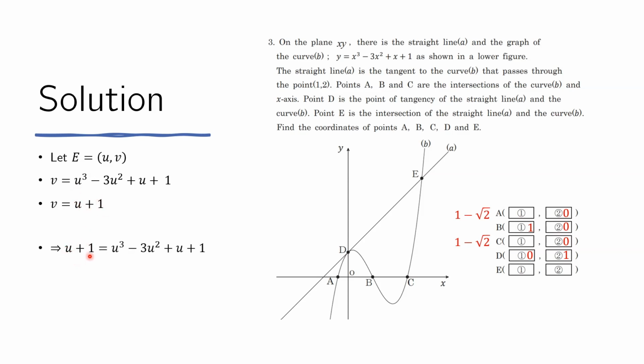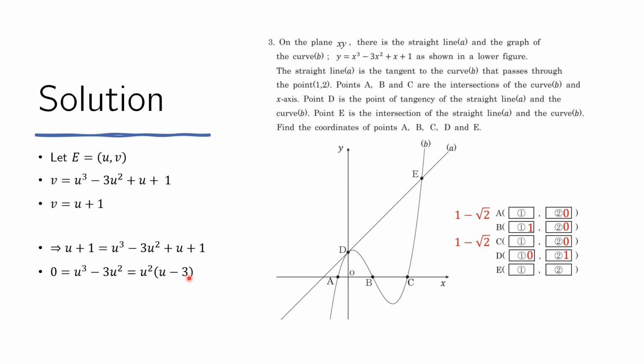So it becomes like this. u plus 1 equals whatever is on the right. And we notice that we can subtract u plus 1 from both sides. So we subtract u, we subtract 1, and we are left with this. And we can factor out u squared, and now we know how to solve this.